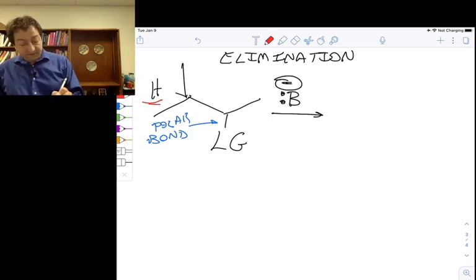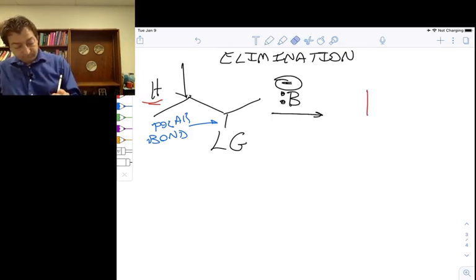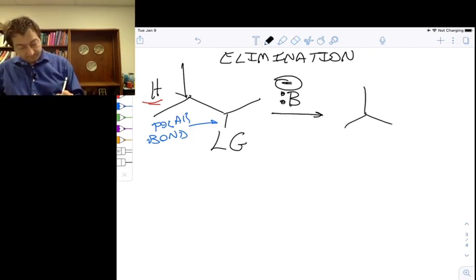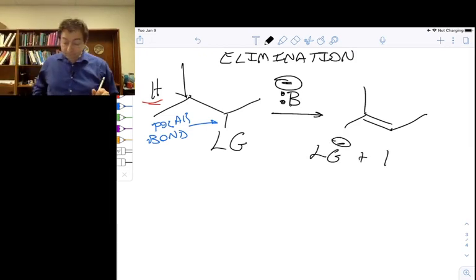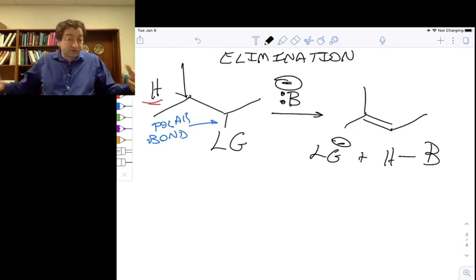The product of this looks like, I'll do this in black so we don't get confused here. So we have the leaving group, which typically is a charged leaving group.